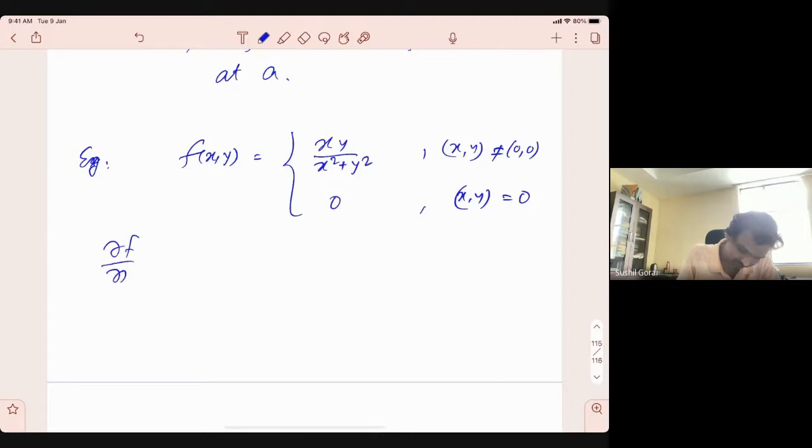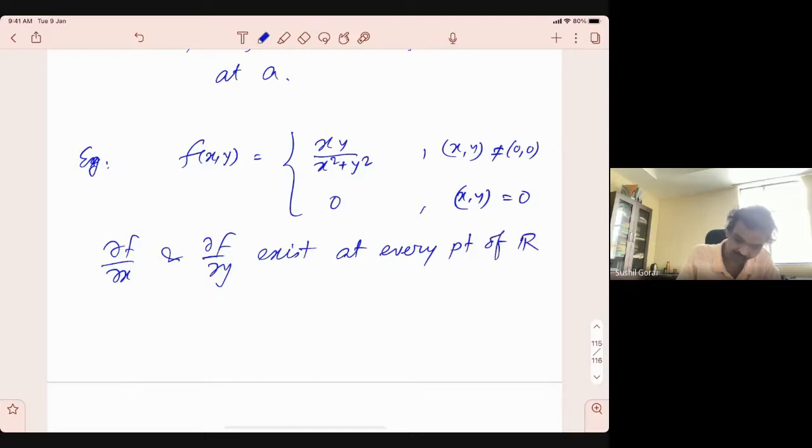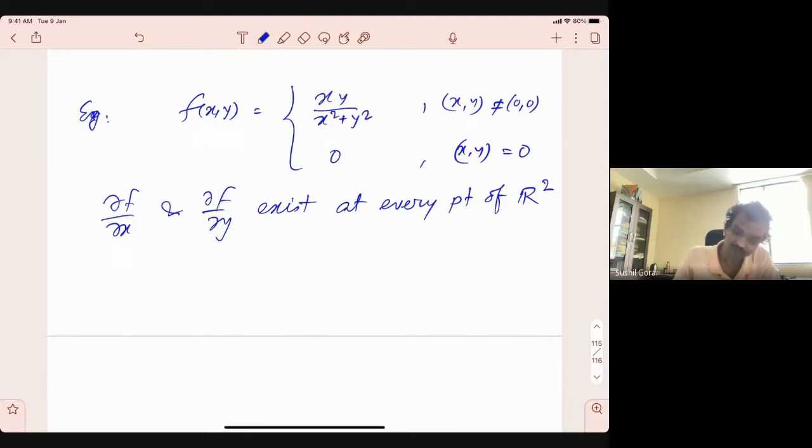Here del f by del x and del f by del y exist on the whole of R2, at every point. But f is not even continuous at 0.